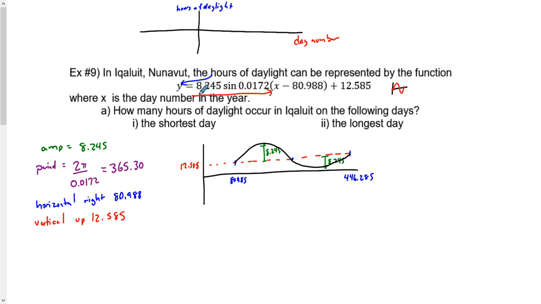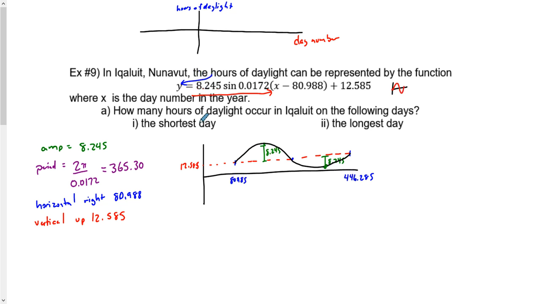On the shortest day, how many hours of daylight? Because hours of daylight is on the y-axis, it is asking for, what is this point? So we didn't have to do all this work, but all this work does help us with identifying a few more of our characteristics.